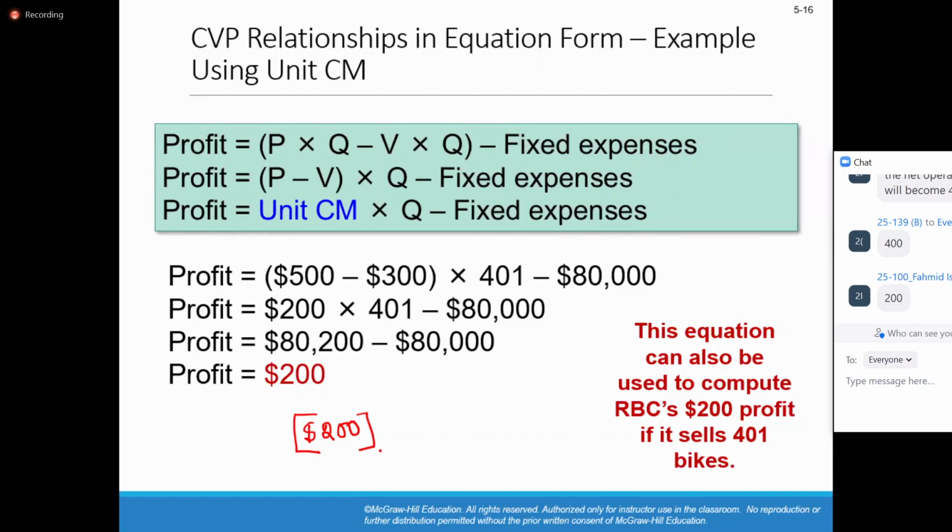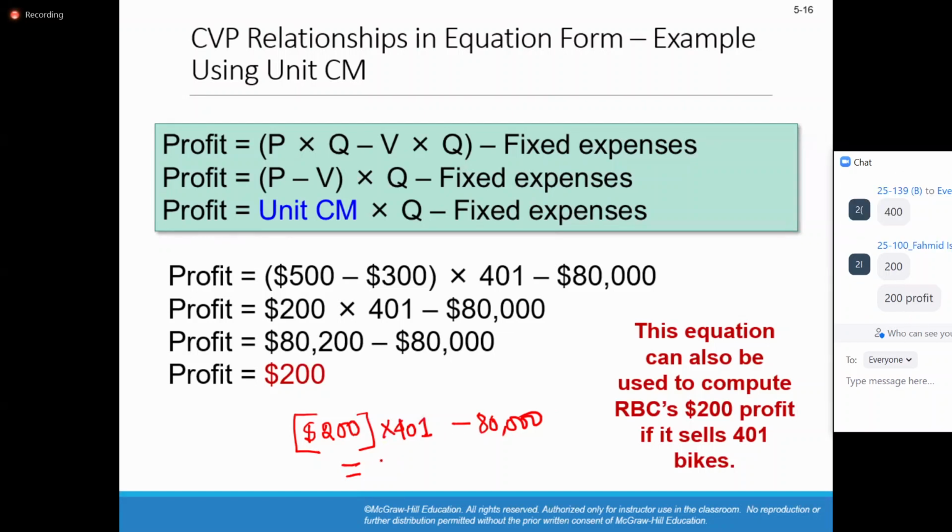And if we multiply this 401 by our total sales number, and we subtract the 80,000, we will get the profit for selling 401 units of bike. So that number is $200.